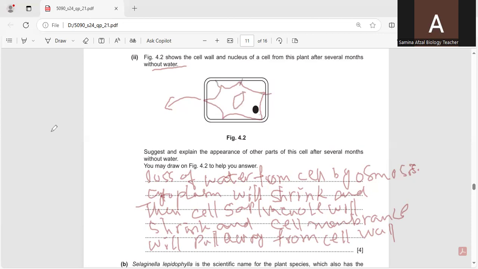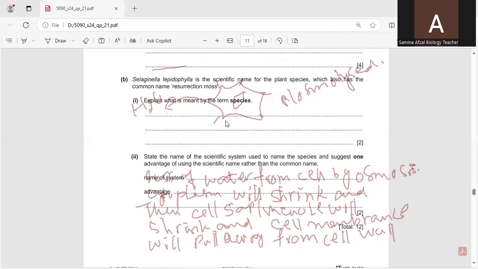So in this way, we can draw the picture when there is loss of water, and the cell in this condition is called a plasmolysed cell. Now we will move towards the next question.